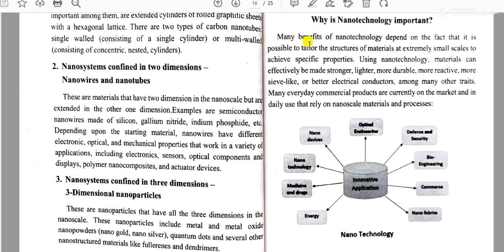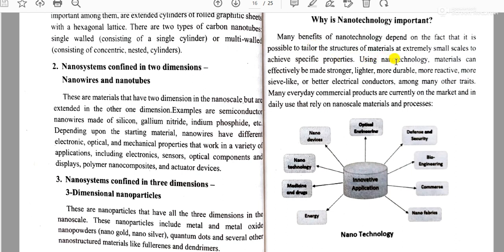So it is possible to modify the structure of bulk materials at the nanoscale, so that we can incorporate certain specific properties which we need. For example, if you want to increase the conductivity or the toughness of certain materials, it is possible. So certain specific properties can be incorporated by tailoring the structure of materials.